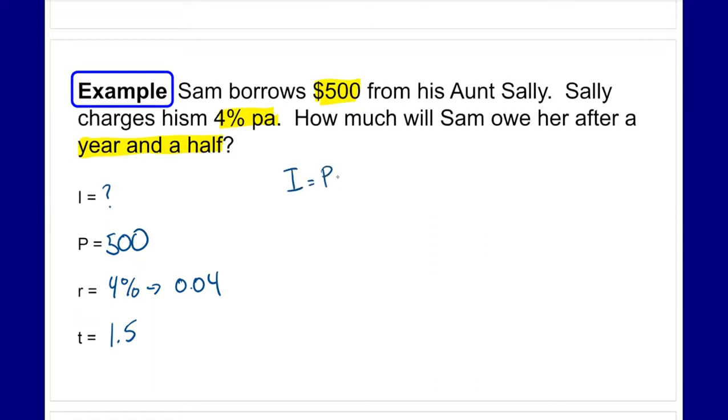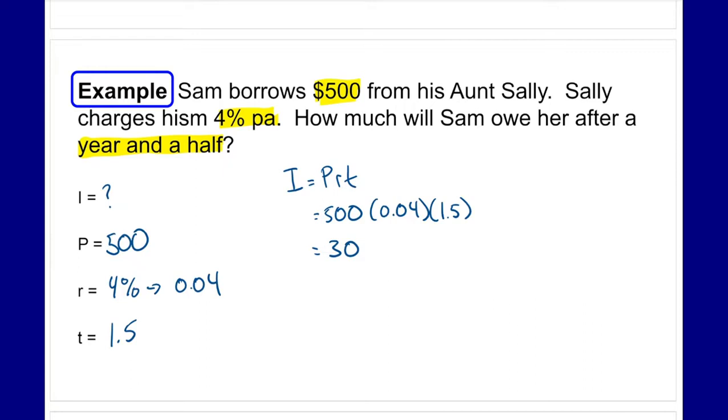So I equals PRT, 500 times 0.04 times 1.5. It just becomes a calculation. In the end, we should get 30. That means there's $30 of interest added on to his loan.